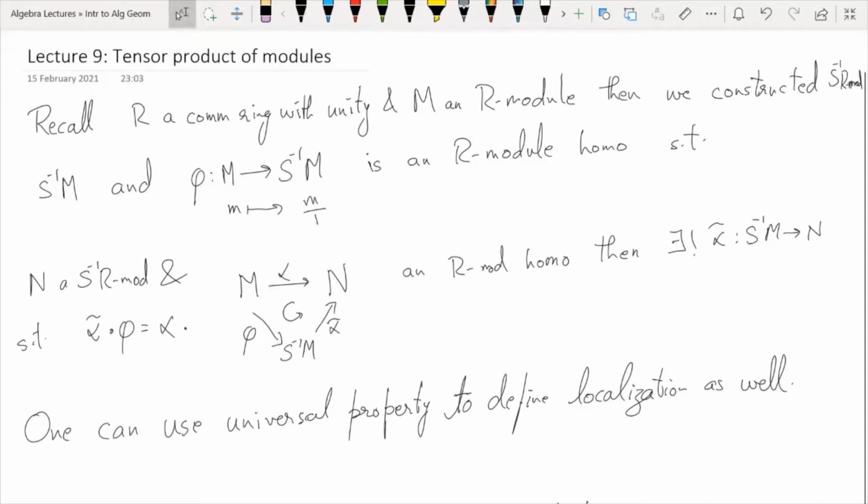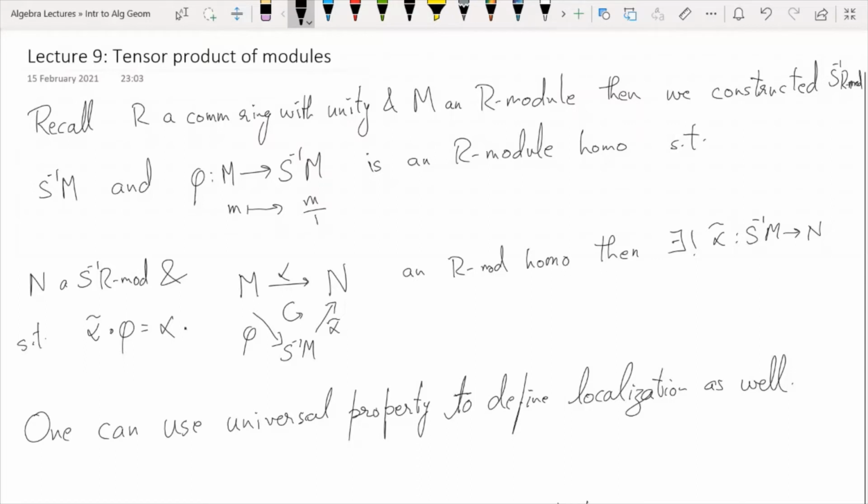So you can define the localization of M to be an S inverse R module which has this universal property: given any S inverse R module N, you have a map from S inverse M to N. This localization always comes with this map.